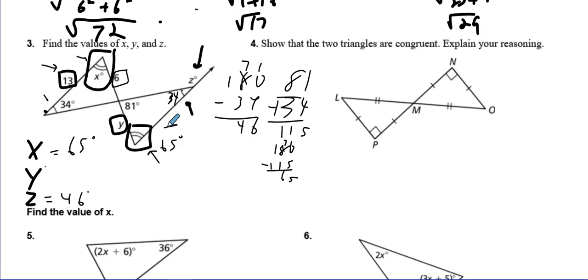And then 6 goes from the 2 arc marks to the 81 here. So that lines up with y. So that is 6. So you got to make sure you line them up and find road maps and road signs to help guide your way. All right, show the two triangles are congruent. Explain your reasoning.